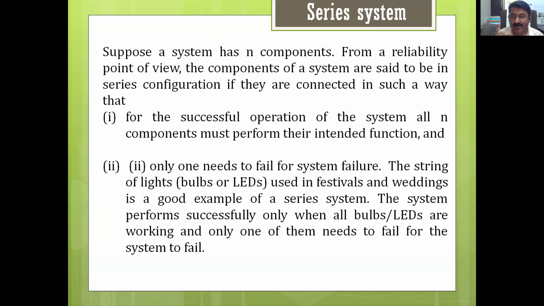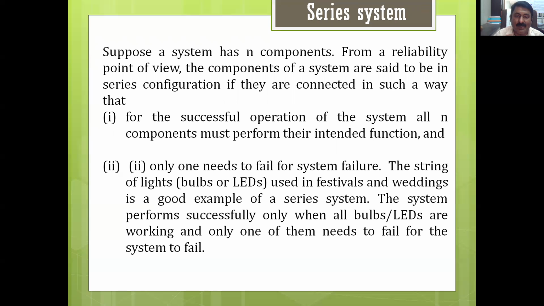If any single component is not performing or fails, then the complete system will not work. One example is bulbs or LEDs arranged in a series. Assume there are 100 LEDs or small bulbs, and if any one bulb is not working, then the complete series is not working. This is the generalized example of this case.